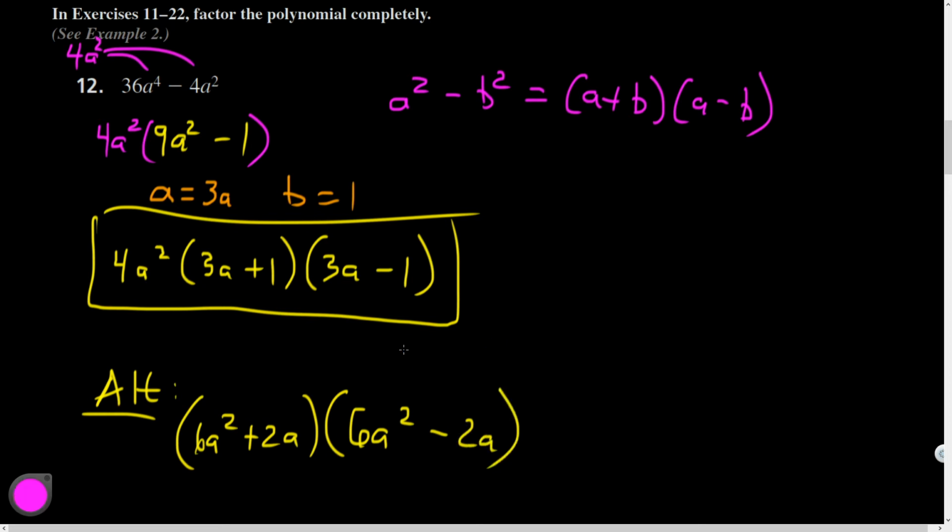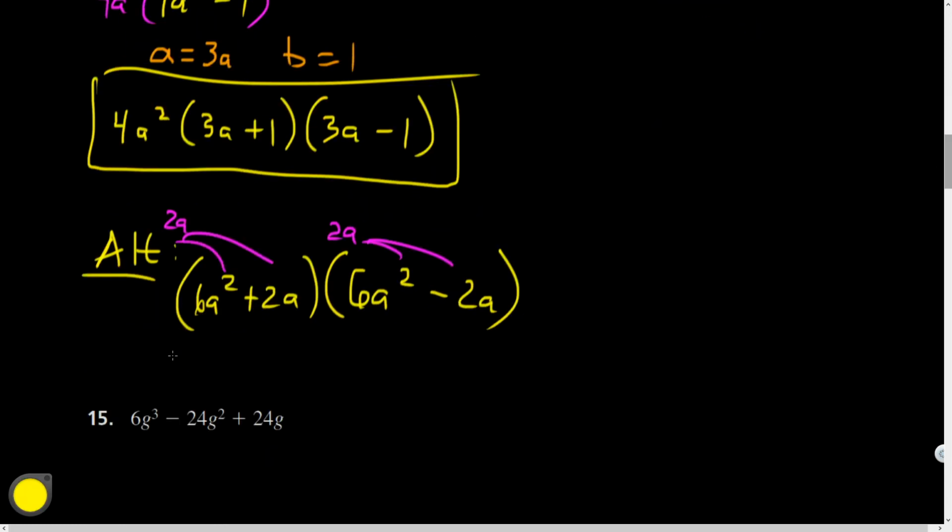And then you would have been able to further factor out a GCF. So you would have been able to steal a 2a here and a 2a there. And 2a times 3a plus 1 times 2a times 3a minus 1.